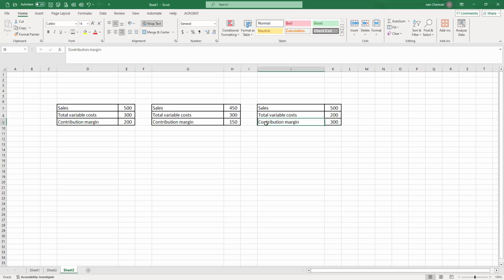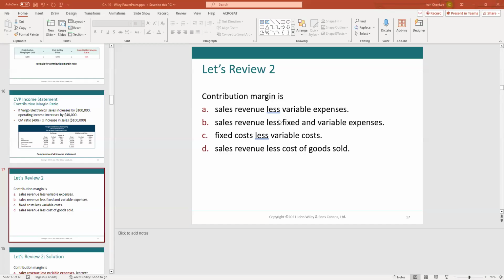Where is that Excel spreadsheet? Right here. Contribution margin is sales minus the total variable cost, nothing else. There's no fixed cost here. So all the other options, we can throw in the garbage. Everything that says fixed cost, garbage. Sales revenue less cost of goods sold? We do not even talk about cost of goods sold. So garbage.